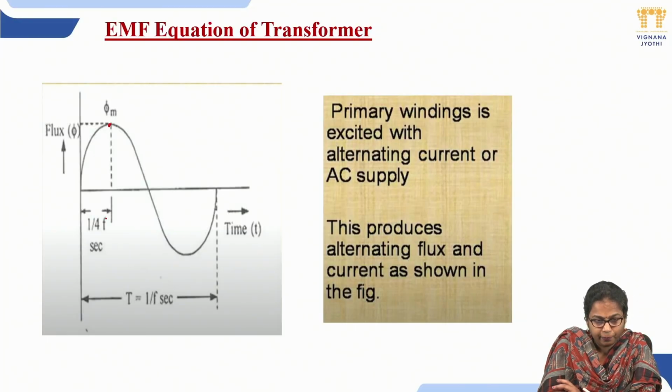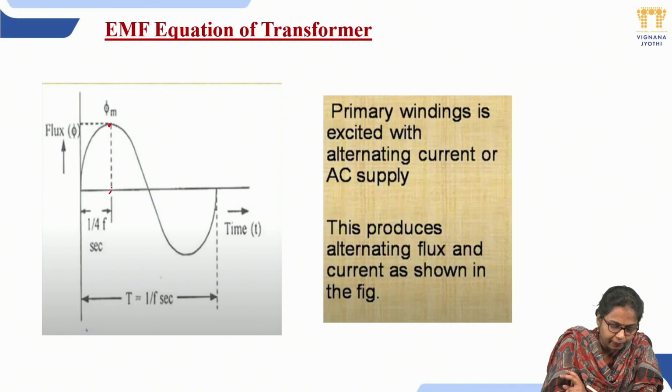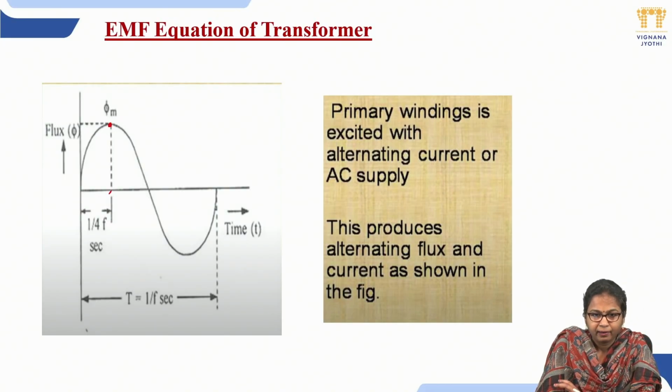T is equal to the reciprocal of frequency. So at the quarter part, I am representing this with 1/4f, and I am representing this maximum flux with the symbol phi m. When the primary winding is excited with alternating current from the AC supply, it produces alternating flux and current as shown below.